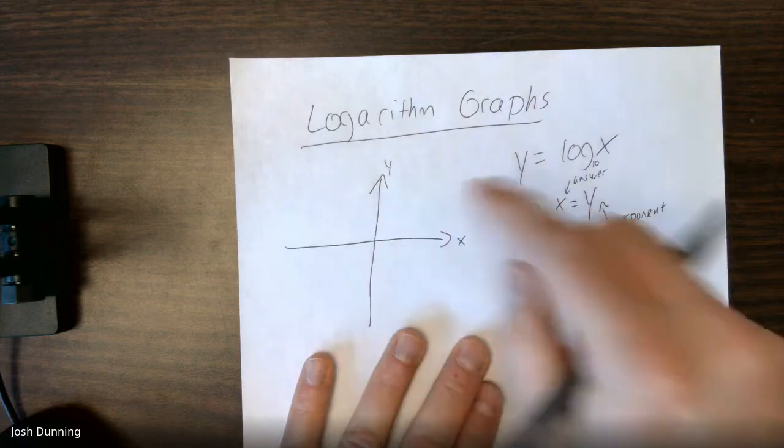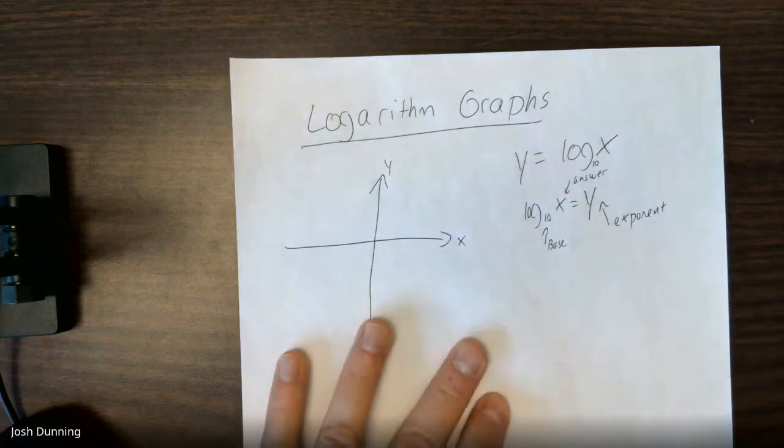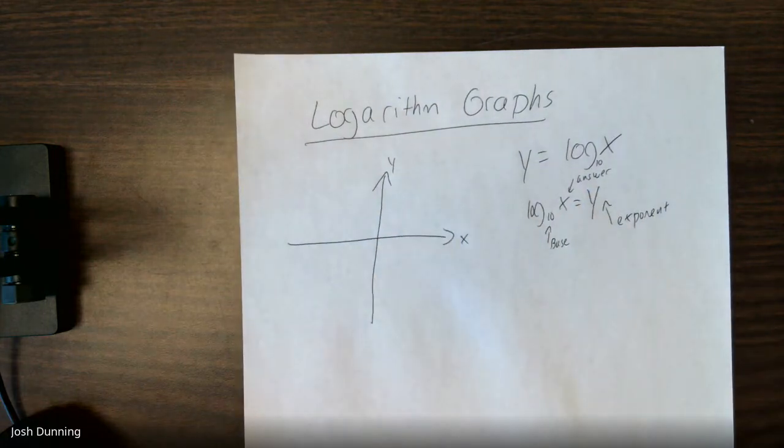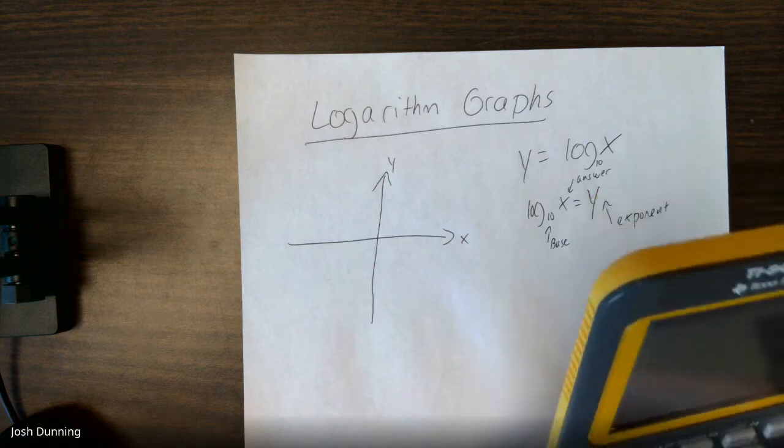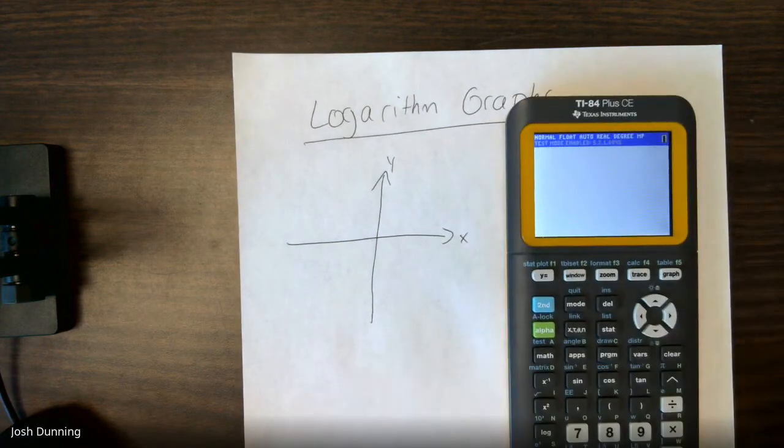So when we think about this, if we have a positive 10, over here in the negatives, if x is negative, is there any way to raise 10 to a number and get a negative answer? Now, just in case you forgot, negative exponents always meant reciprocal.